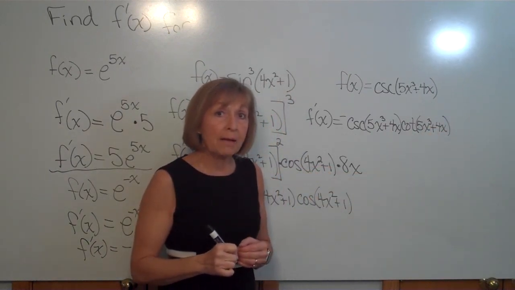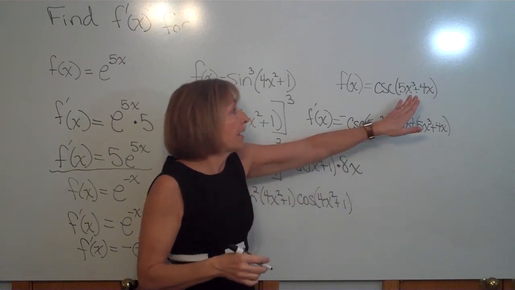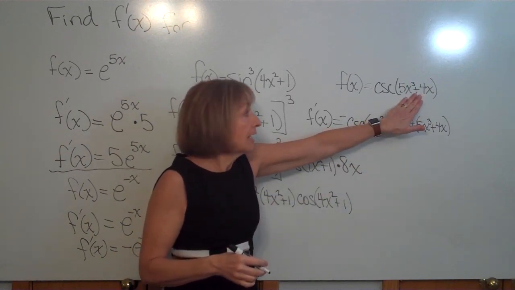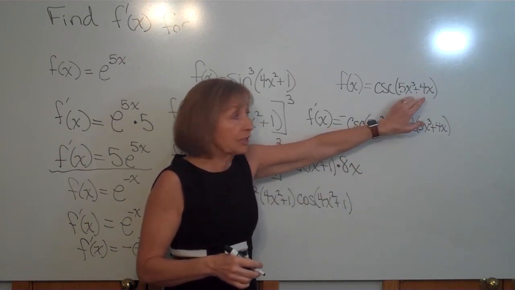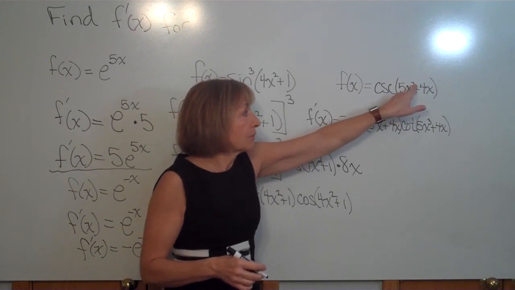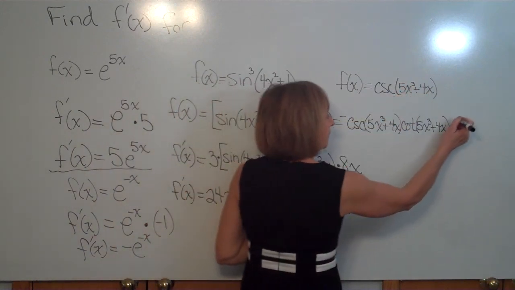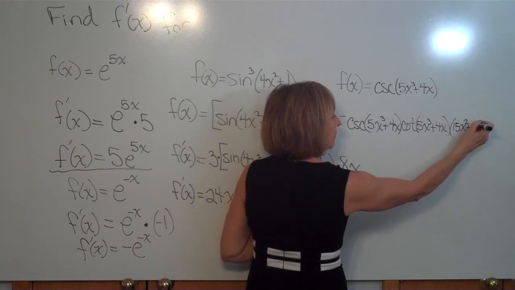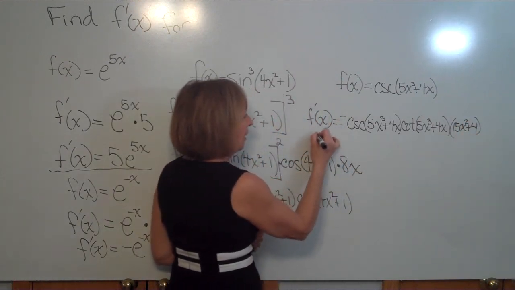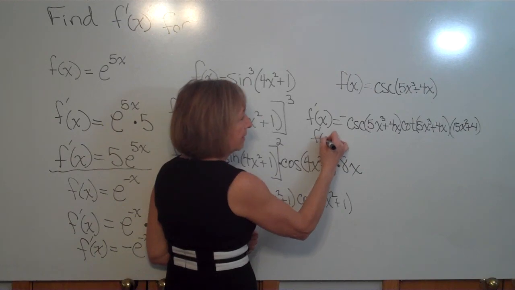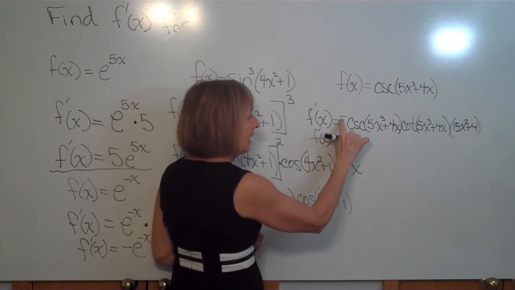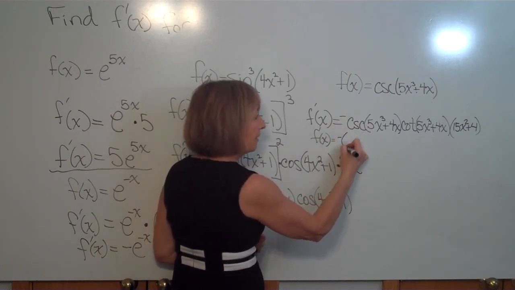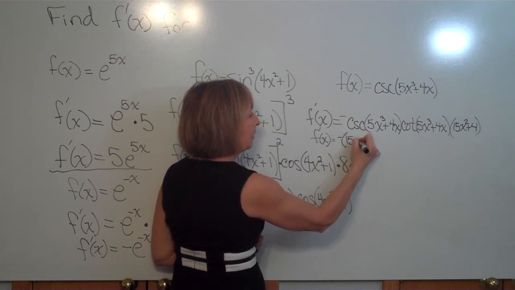And then I want to multiply by the derivative of the inside function, and the derivative of this inside function is 15x squared plus 4. So then my derivative f prime of x is negative, parentheses around that 15x squared plus 4.